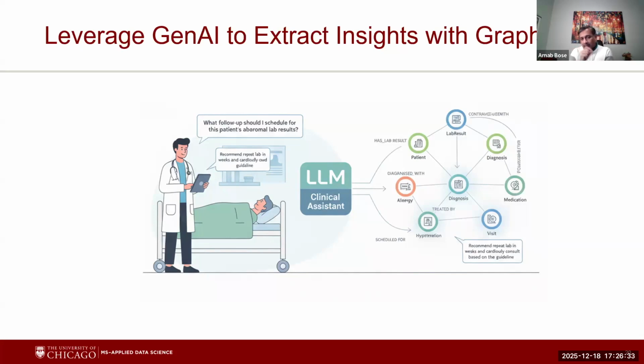Like what are the different diagnoses for the patient? What are the different diseases for which the patient has been diagnosed? What are some of the clinical results? So it's all interconnected for that individual patient, which is now allowing the LLM to get a very unified 360-degree view and come up with a response.